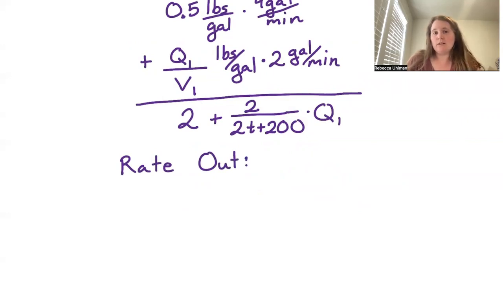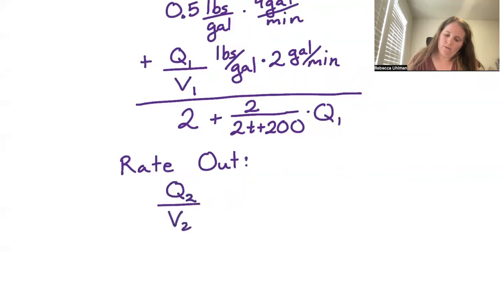For our rate out, tank 2 is losing 3 gallons per minute to tank 1, and it's draining out another 2 gallons per minute. So we have tank 2 has a concentration of Q2 over V2 times 3 gallons per minute to tank 1.